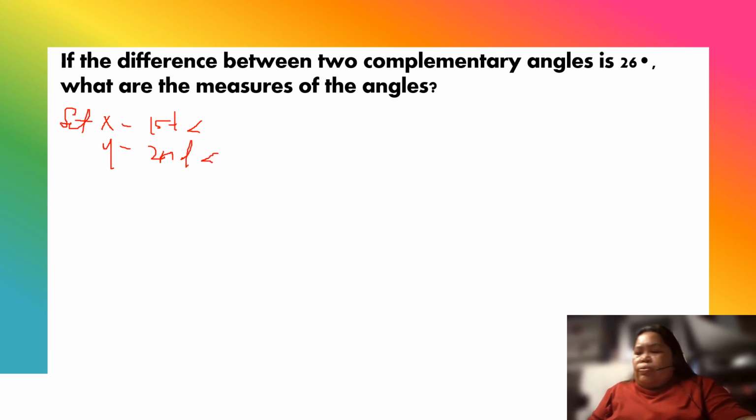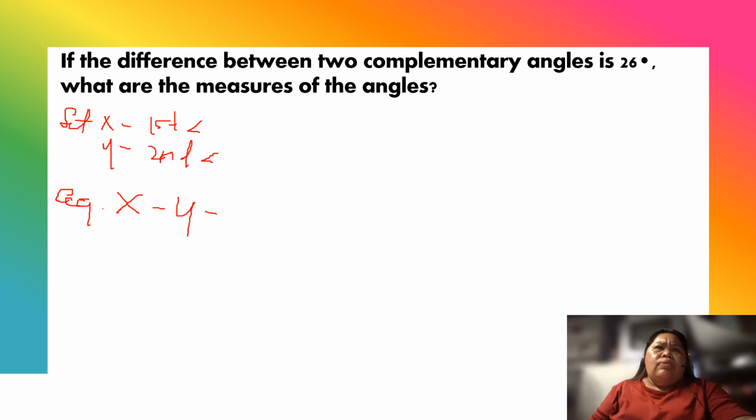Since we are dealing with two variables, and since the difference is 26, x minus y equals negative 26. And complementary means when you add the two angles, their sum is 90. So x plus y equals 90.